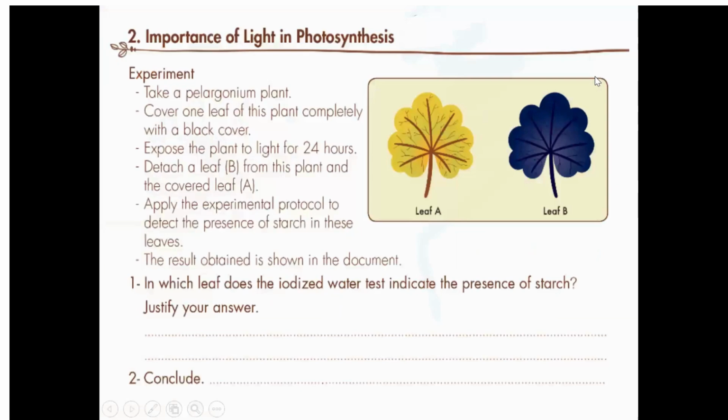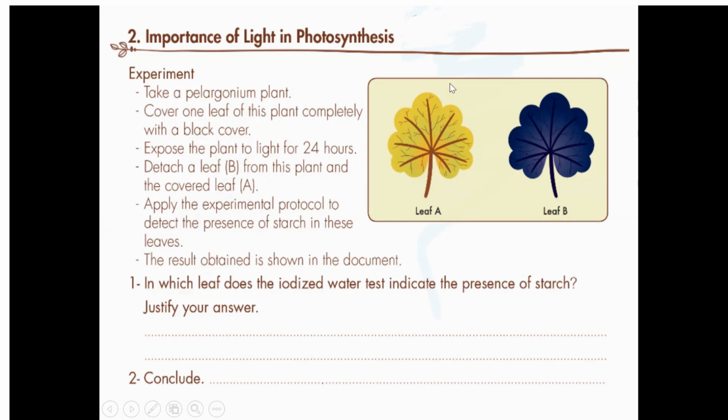Let's start with exercises, page 21. The first experiment, importance of light in photosynthesis. In this experiment, we will study the importance of sunlight. So we take up an experiment. First of all, we took a pelargonium plant and we cover one leaf of this plant completely with a black cover.